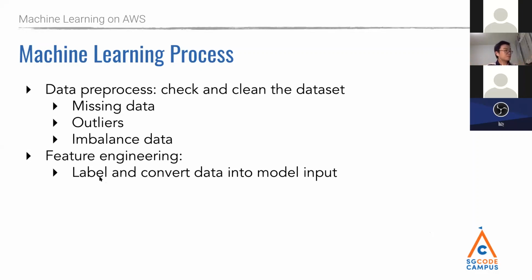And we also do some feature engineering based on your knowledge about the problem you are trying to solve. Actually, data science is not just about numbers. It's about your understanding of the problem. So the domain knowledge is also very important. The domain knowledge will help you to decide what kind of features are most relevant.